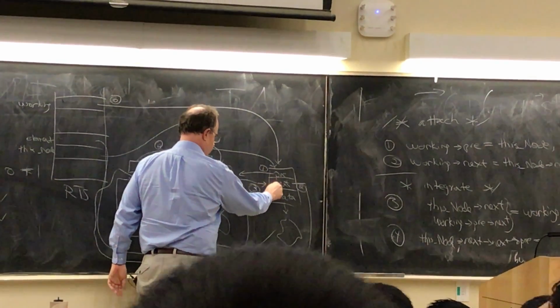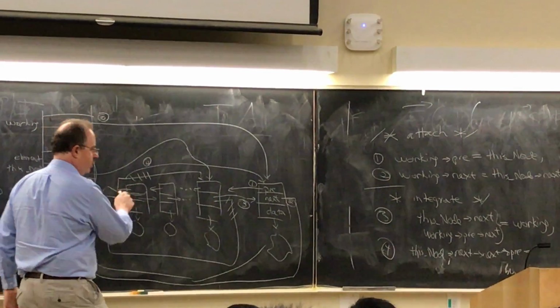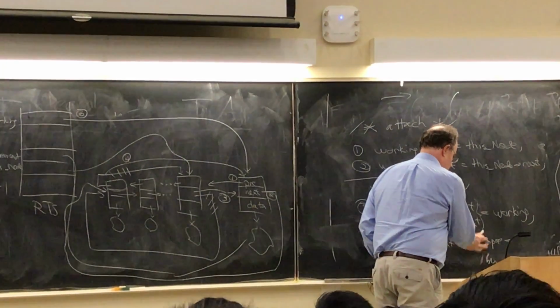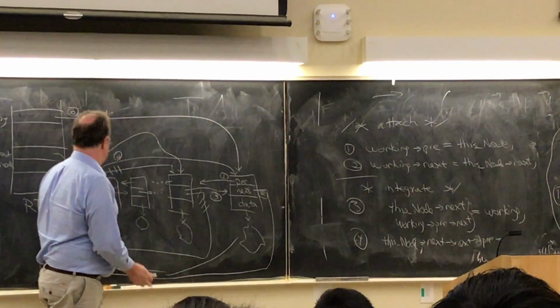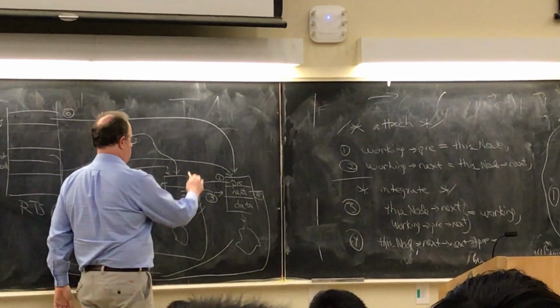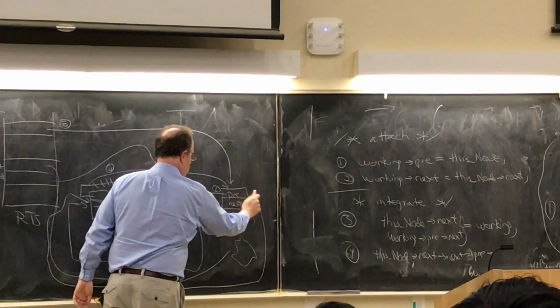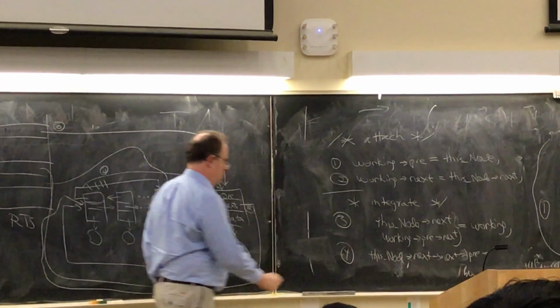So this is the next, and then we have another next, and we're assigning it a pre pointer here. So this arrow, next arrow, pre. I believe this is correct. Or we could get there more easily by saying working arrow, next arrow, pre.